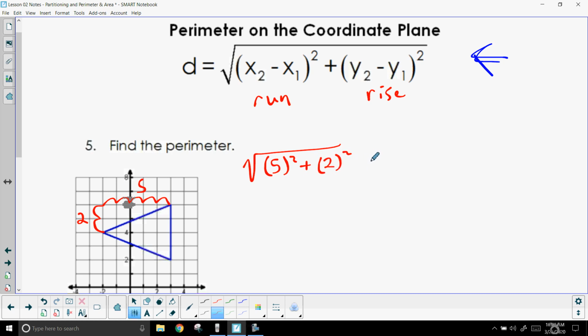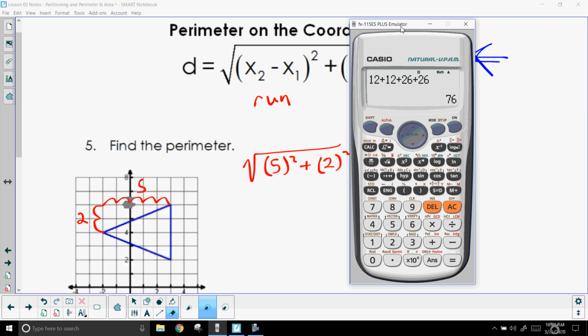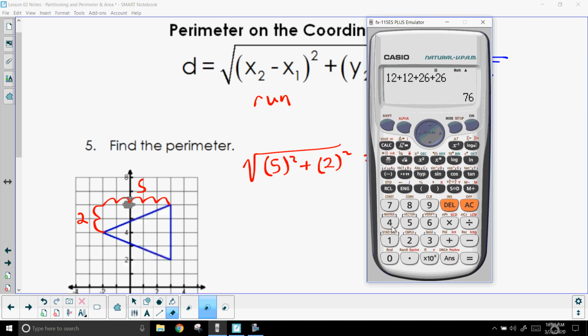Okay. And look, I'm not going to simplify this because I'm going to show you. If you have a nice handy dandy calculator or the Desmos one online, you can plug in everything just like you see it. Just like that.